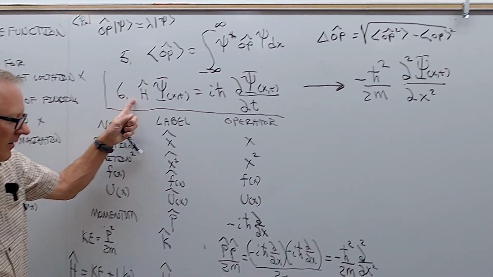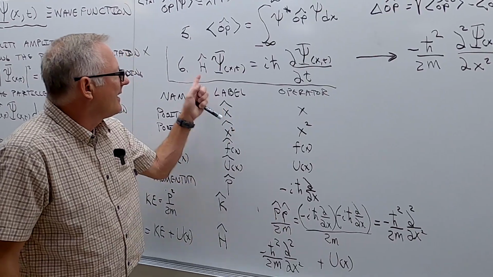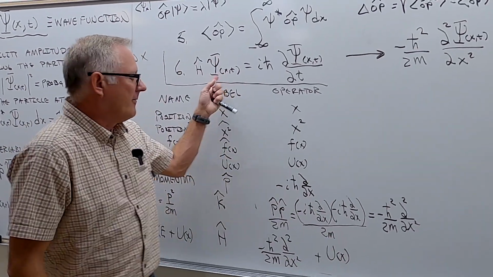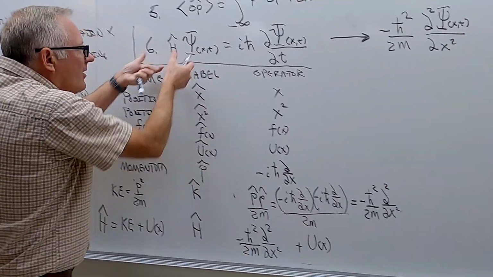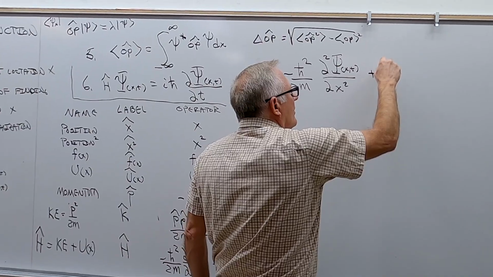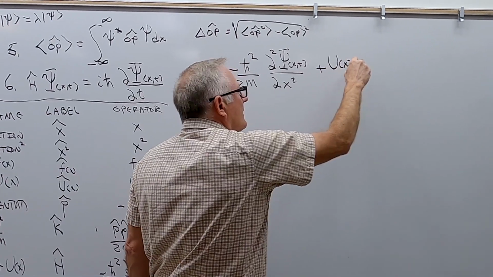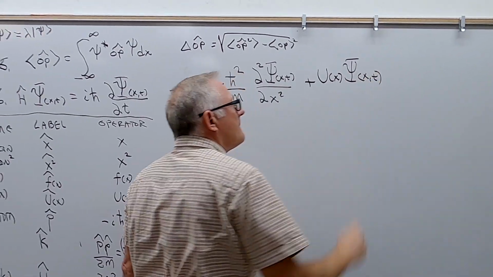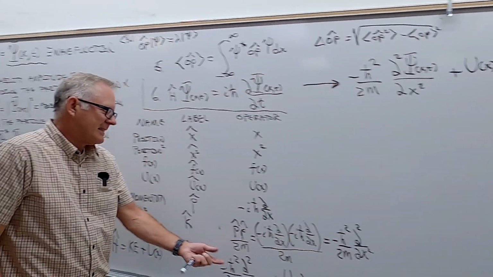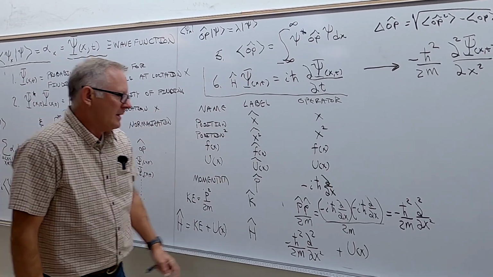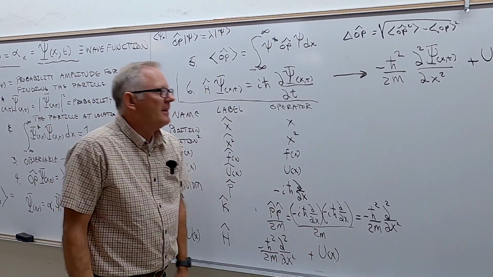So we've already put the psi in here, and then we got plus u of x times psi of x and t, because all of this goes right there. So that's what I get when I operate H on psi. I just put the psi there and the psi there.